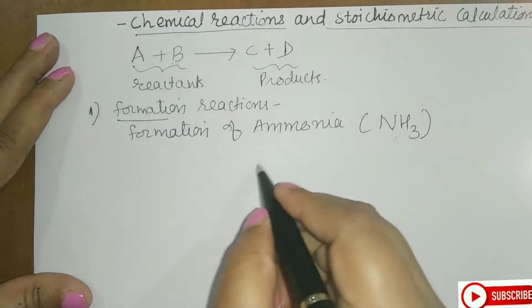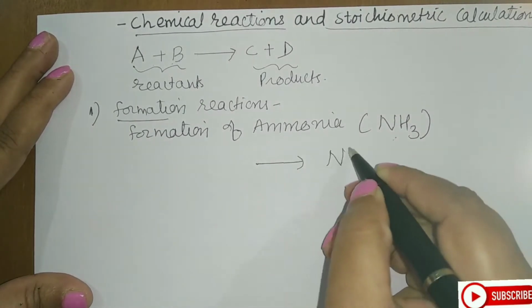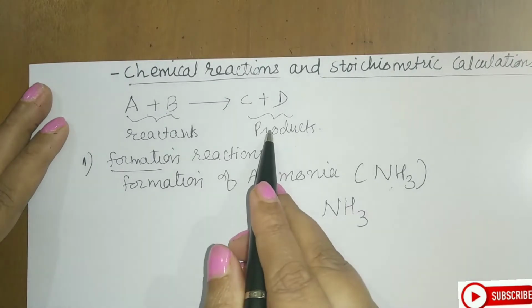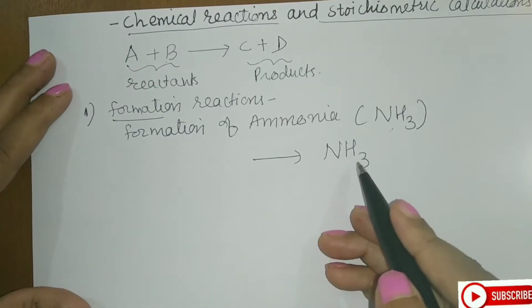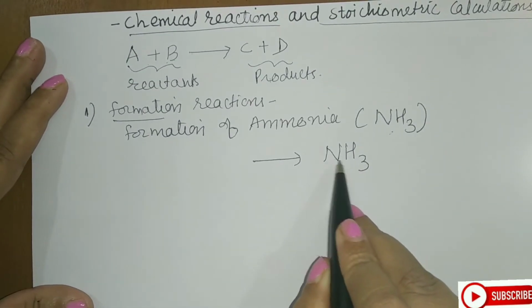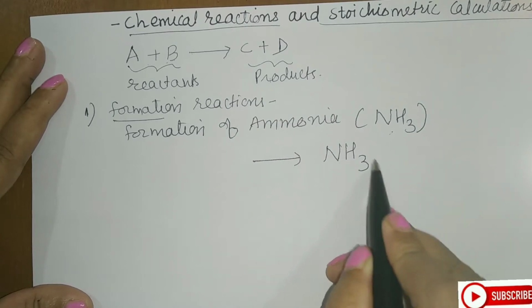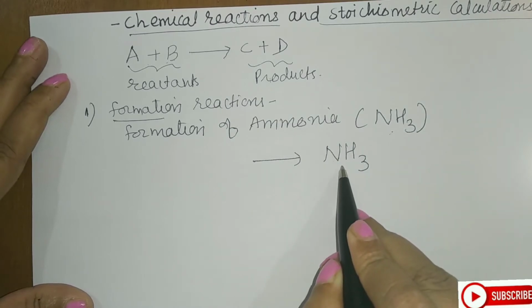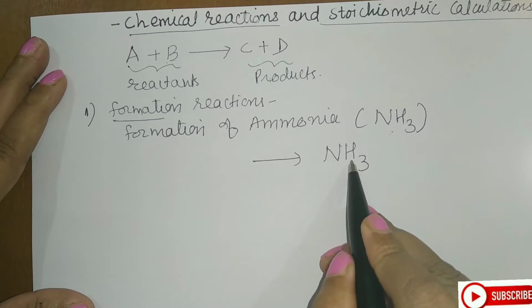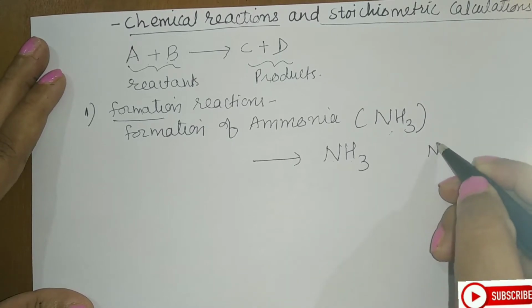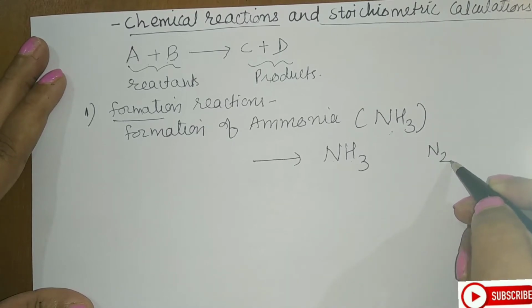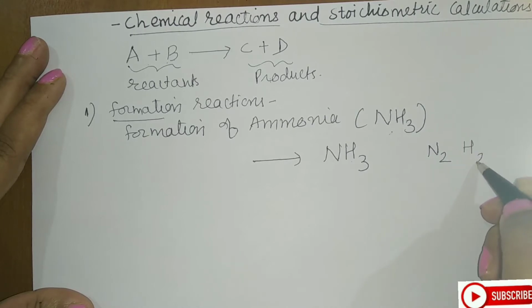So I will always write this ammonia on the product side, because it is getting formed. So now I will see the constituent elements, what this molecule is made up of. This molecule is made up of nitrogen and hydrogen. You know that nitrogen is written as N2 in its free elemental state and hydrogen is written as H2.